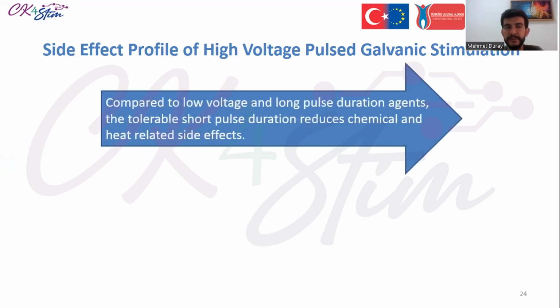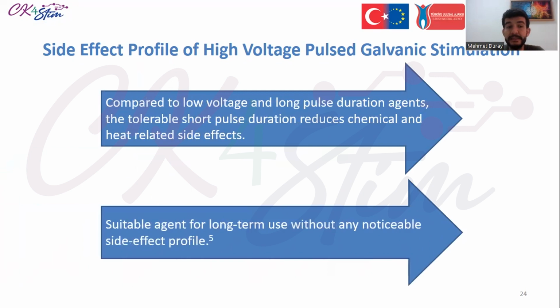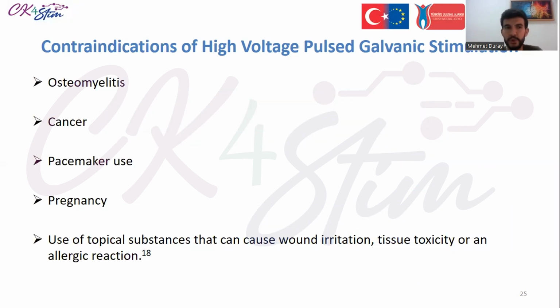However, compared to low voltage and long pulse duration agents, the tolerable short pulse duration reduces chemical and heat-related side effects, and the current is a suitable agent for long-term use. No noticeable side effect profile has been reported for high voltage pulse galvanic stimulation.